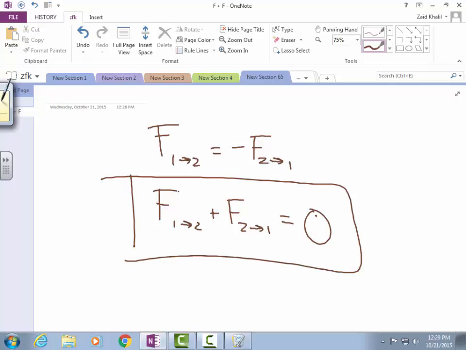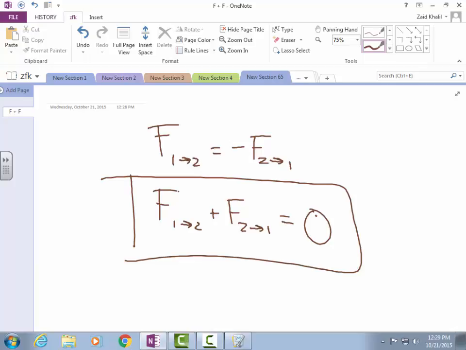This means if you take a system of two bodies and encapsulate that and ask yourself what is the sum of the internal forces, you would get 0. And what that really means is that when you're looking at an Atwood and you do the systems approach, you can't solve for the force of tension because it's internal to it. It does not contribute to the overall system. So what contributes to the overall system? The external forces acting on the system.